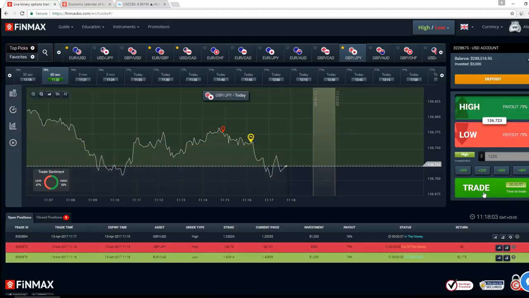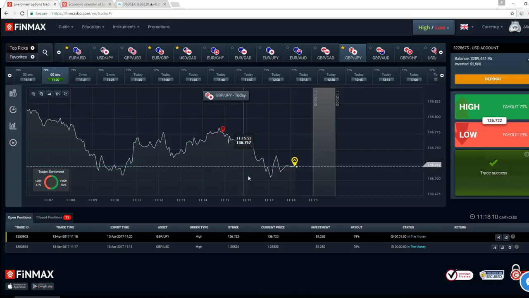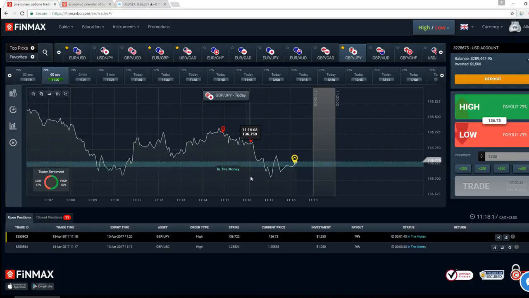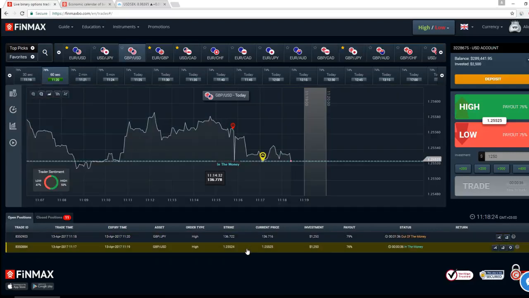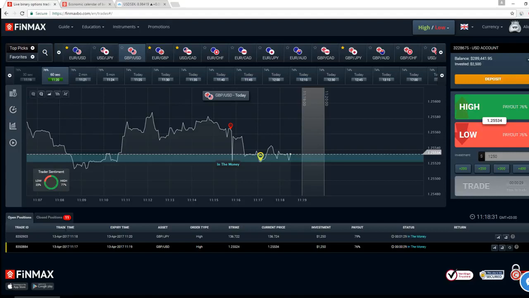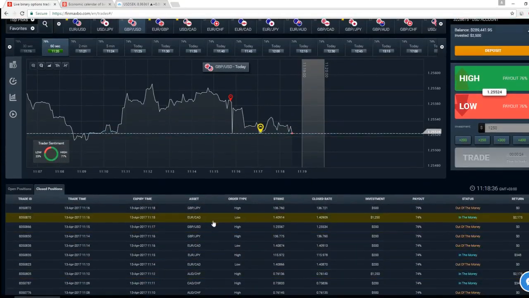Okay, let's go for the next trade for British pound to Japanese yen. High volatility. Okay. Let me see how the previous trades closed, because probably I forgot something.